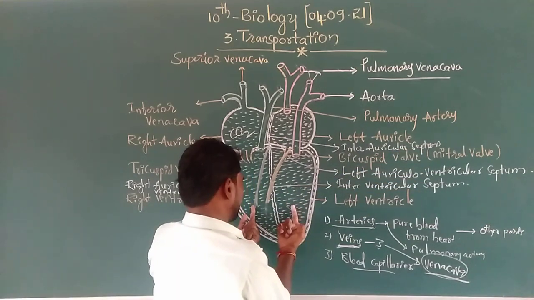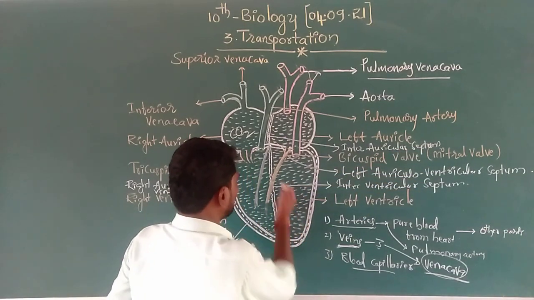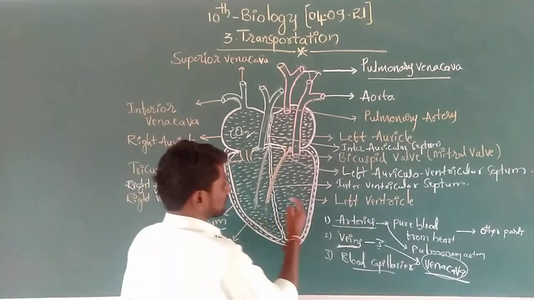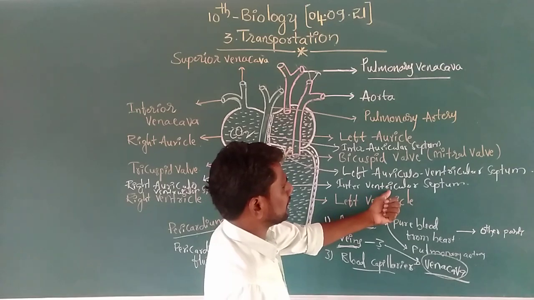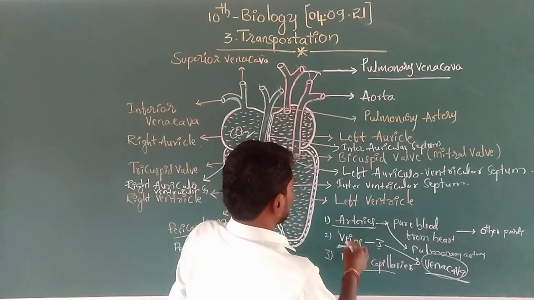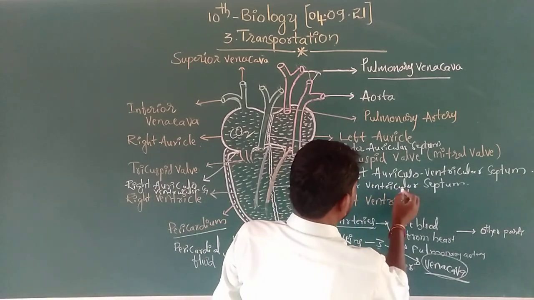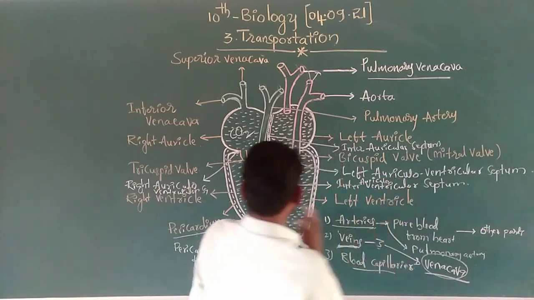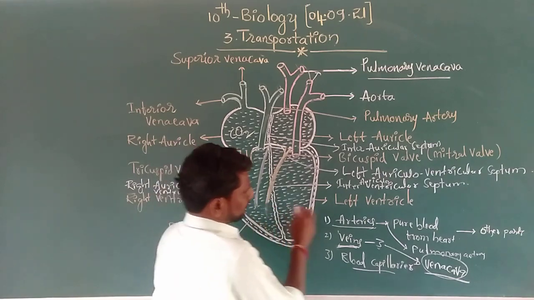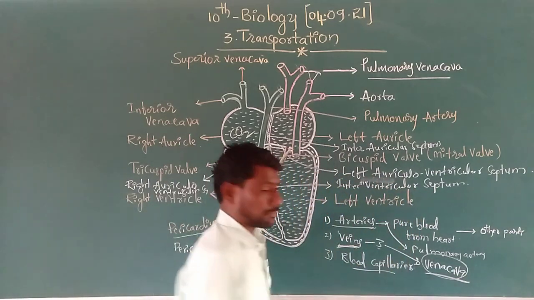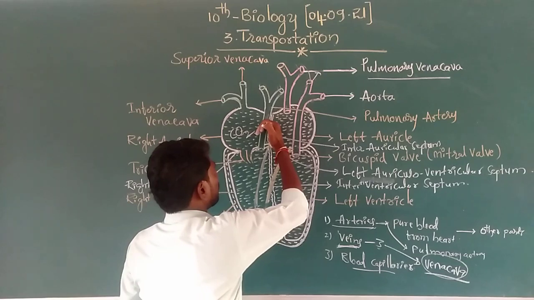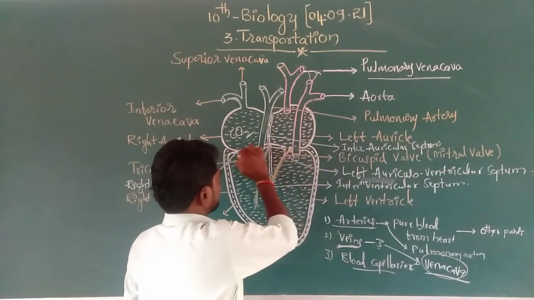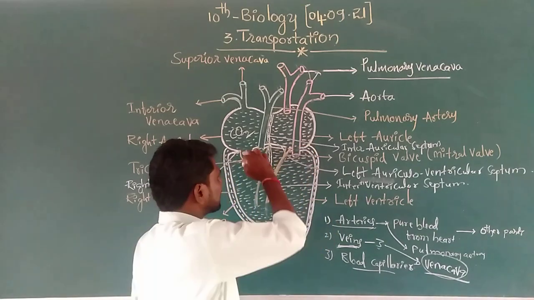Next, the right ventricle and left ventricle are also separated by a septum, which is called the interventricular septum.